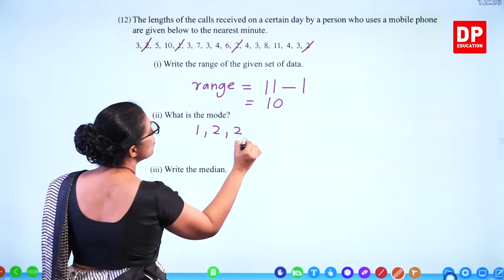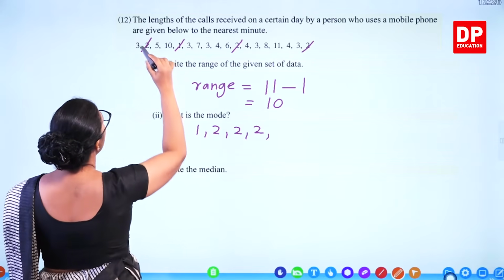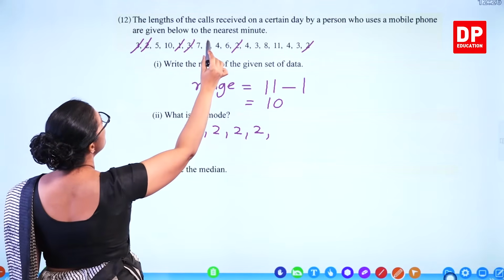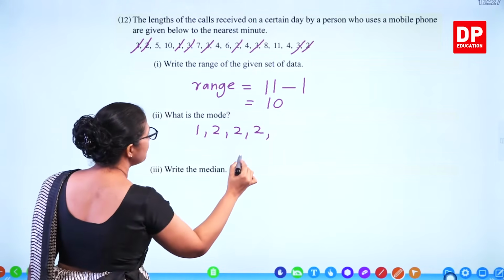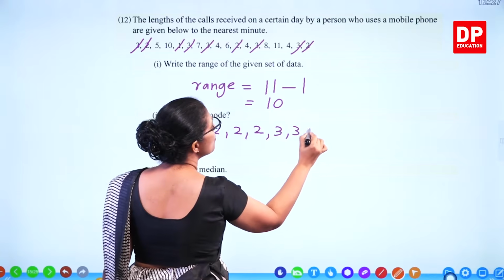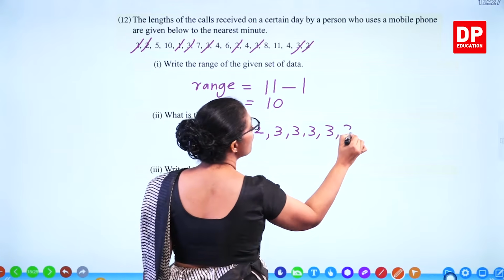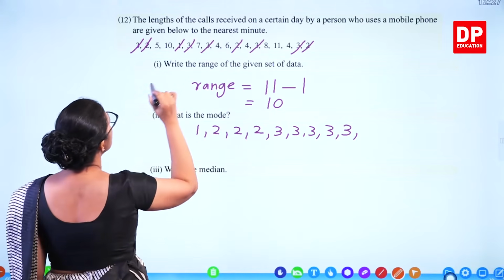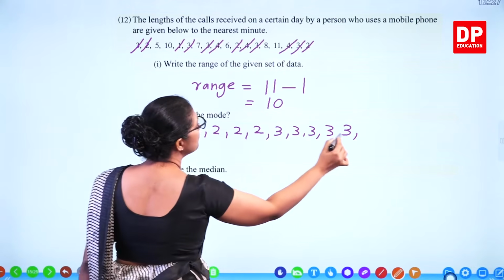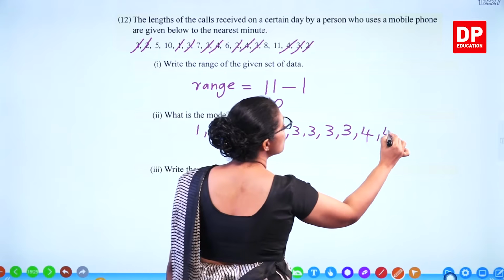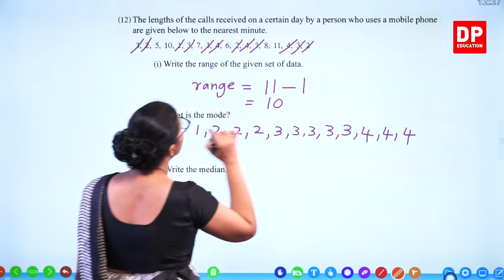Then, how many 3's? 1, 2, 3, 4, 5. Then, how many 4's? 1, 2, 3.